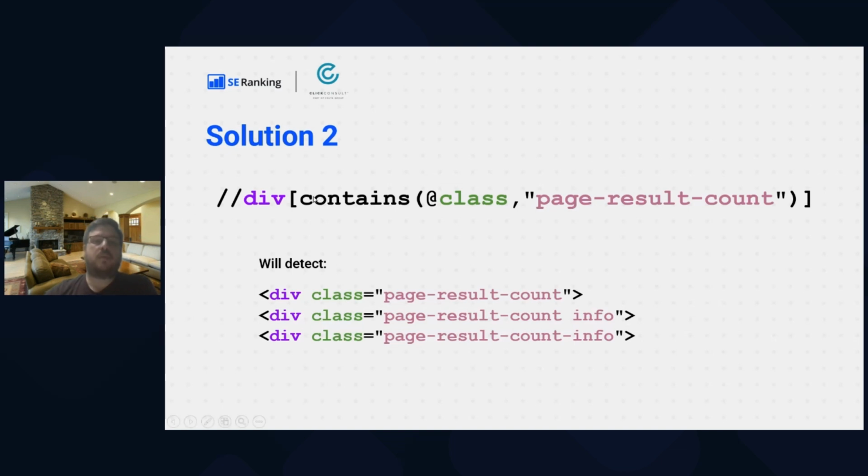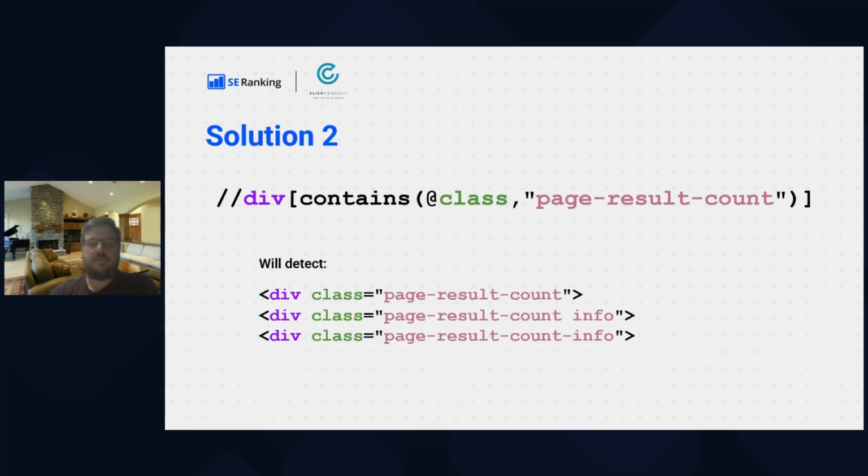But in this example, you can use a contains function, and we want to search for //div, for every div within the document, and then narrow it down to any div that contains a class and page result count.